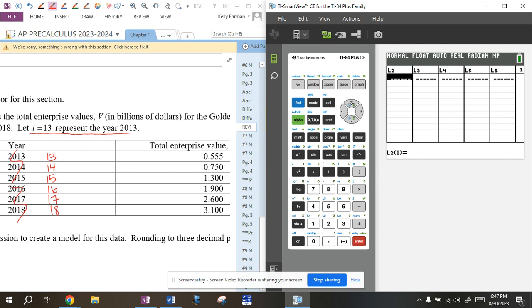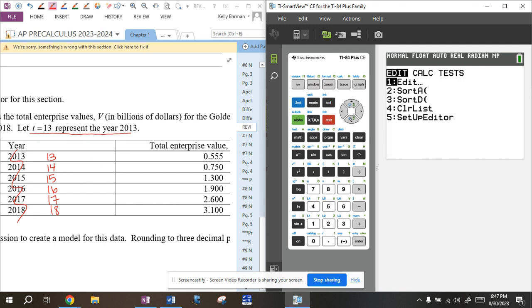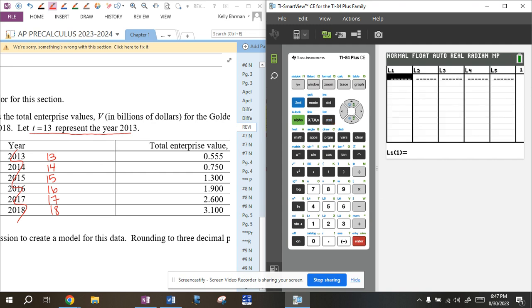What do I do? I go to Stat, Setup Editor, Enter, and then go back to Stat Edit, and they're magically back. Okay, so make sure you have L1 and L2. Type in the numbers like a spreadsheet. Type in the number and press Enter.